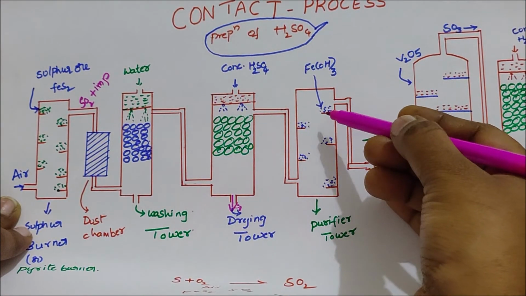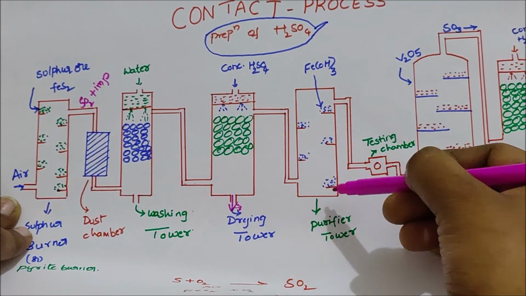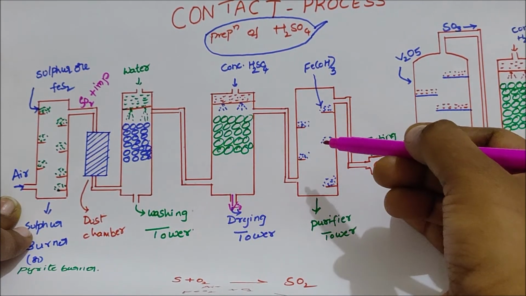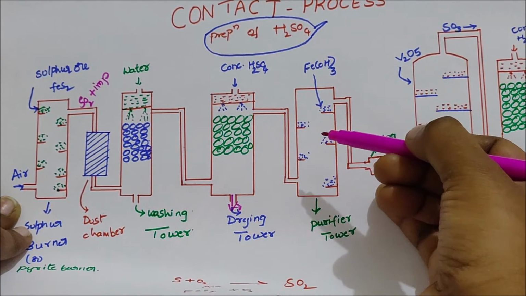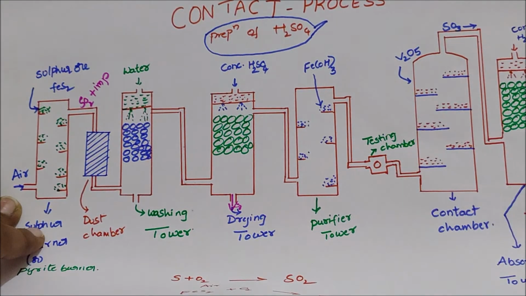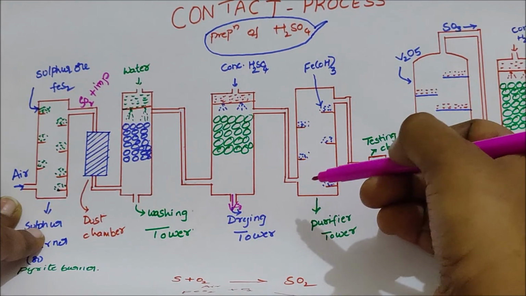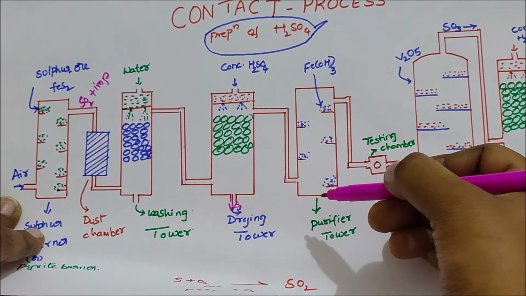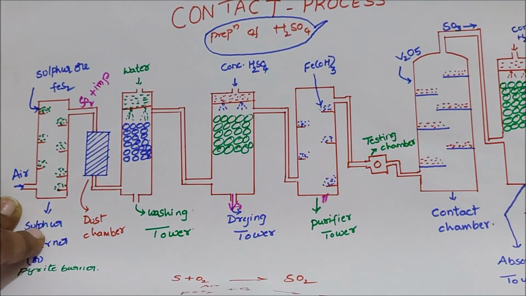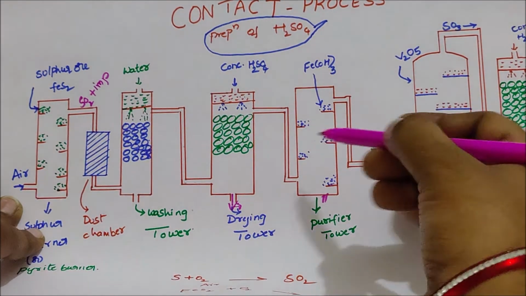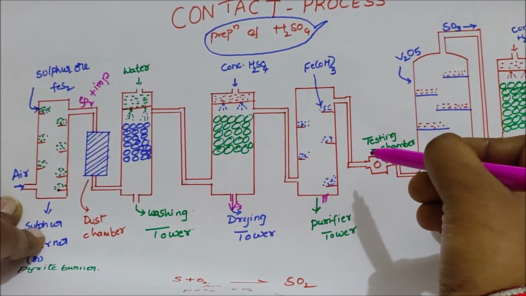It contains arsenic, which is treated with the sulfur dioxide to give a pure form of sulfur dioxide. The impurities are removed from this sulfur dioxide and pure sulfur dioxide is formed.